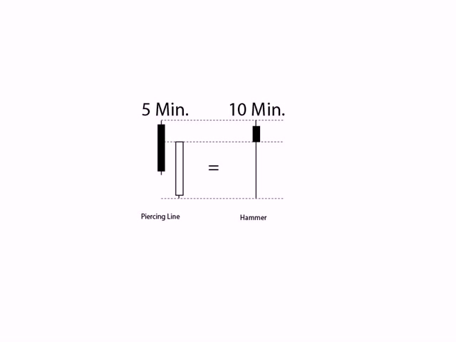Okay, this is just a piercing line, this pattern right here. It's a bullish reversal pattern that's on the 5-minute, and we'll ignore the wicks for now, but it shows us that the price opened and closed down low, and price gapped down but closed more than halfway through the middle of this candlestick's real body.